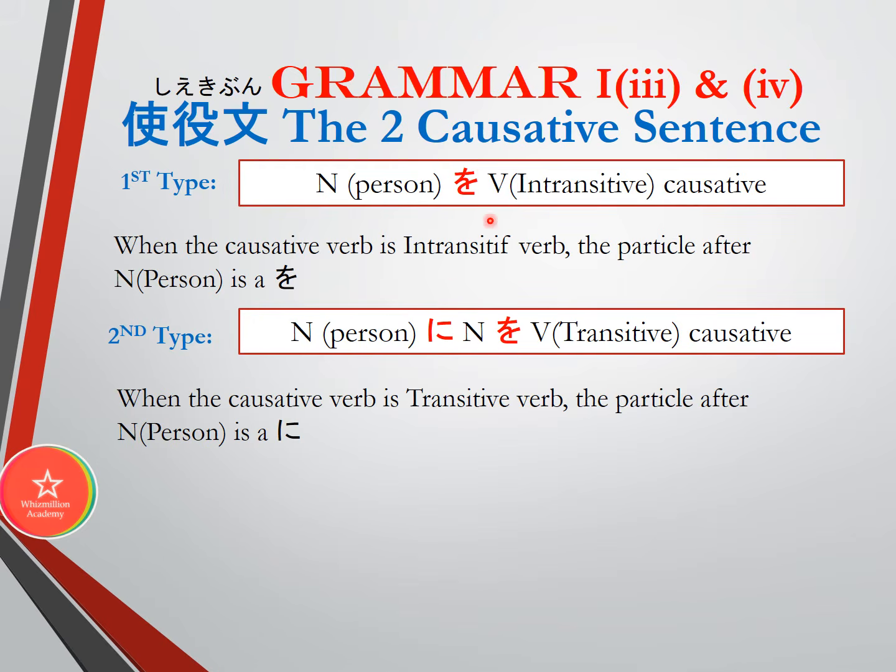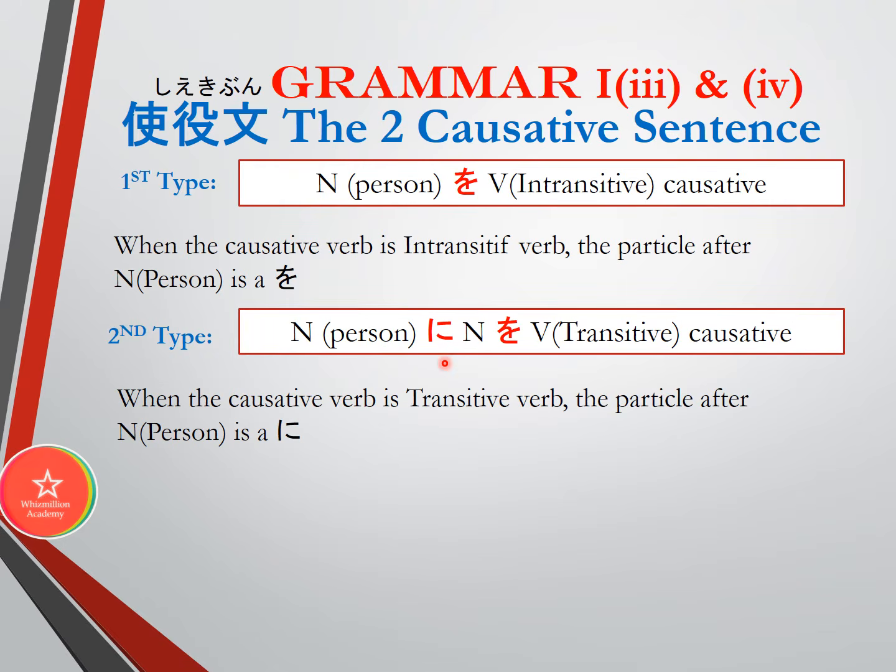To decide whether the particle is を or に, we have to look at the verb. Is the causative verb an intransitive verb or a transitive verb? If it is an intransitive verb, then the particle attached to the person receiving this instruction is を. If the verb is a transitive verb, then the particle attached is に.